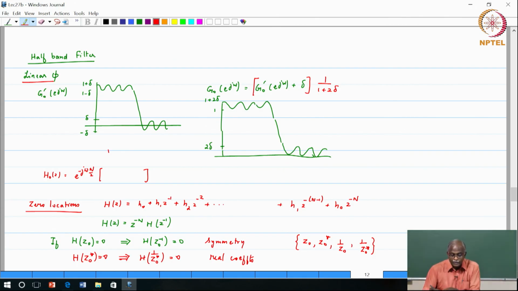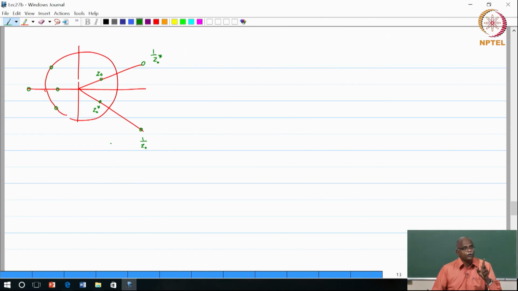One is this G0 of e to the j omega becomes greater than or equal to 0, that is step 1. So, therefore, it allows me to write it as something magnitude squared. The second one, from a zero observation, there will not be any more single zeros, they will have to be double zeros, because those zeros have merged.